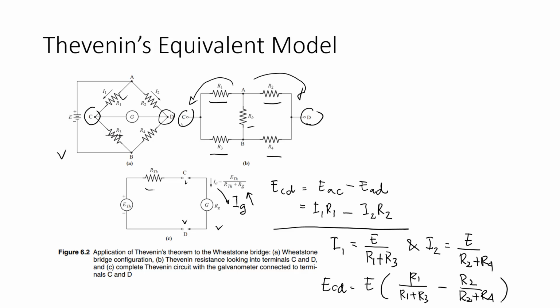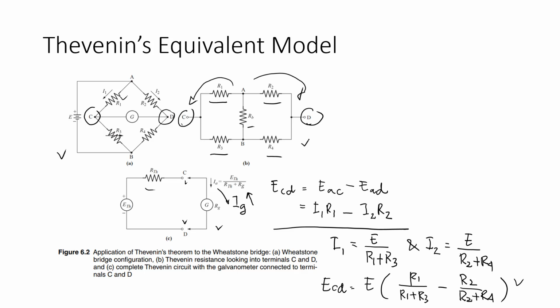So we can measure the potential difference between C and D using this equivalent model. If we want to know the simplified Thevenin equivalent circuit, we can look at figure B here.